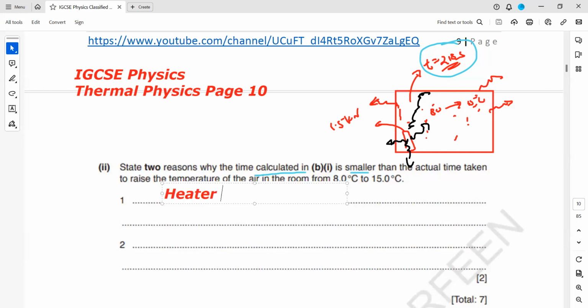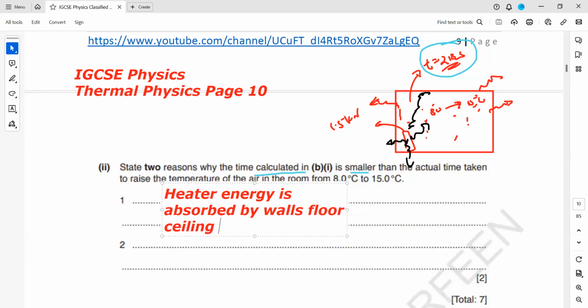So the heater energy is absorbed by the walls, floor, ceiling. That is one.